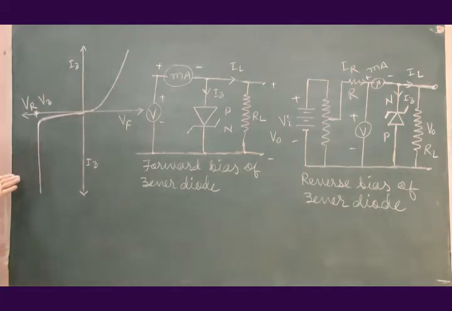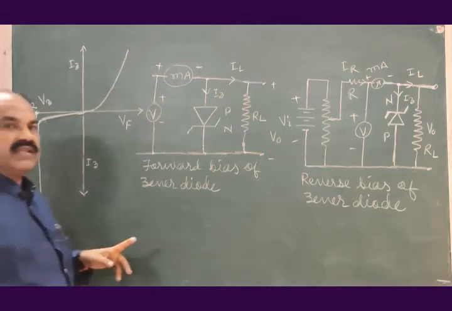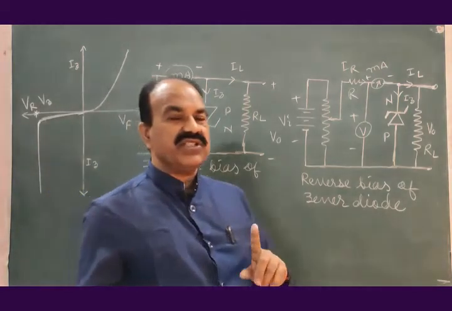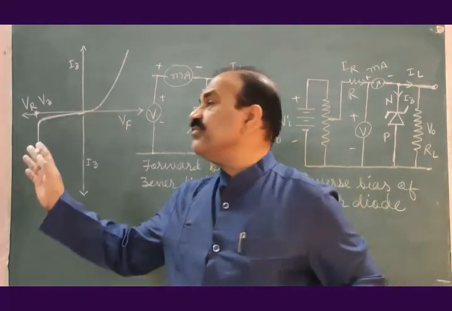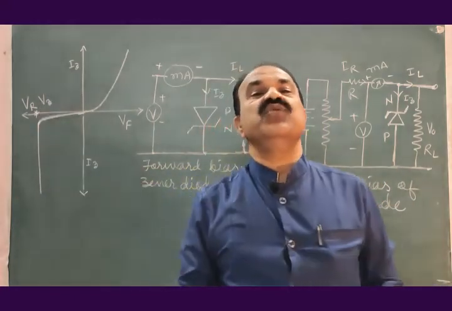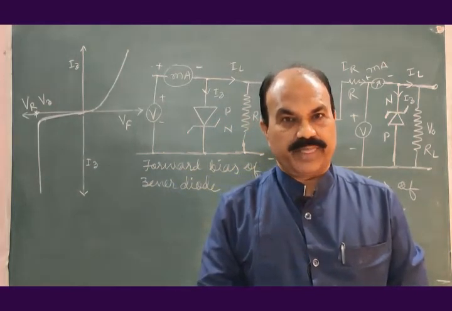And what we find, at this voltage, the current is increasing so rapidly that the current line is just parallel to the y-axis. It means that the Zener current is rising very rapidly without any change in the voltage across the Zener diode.